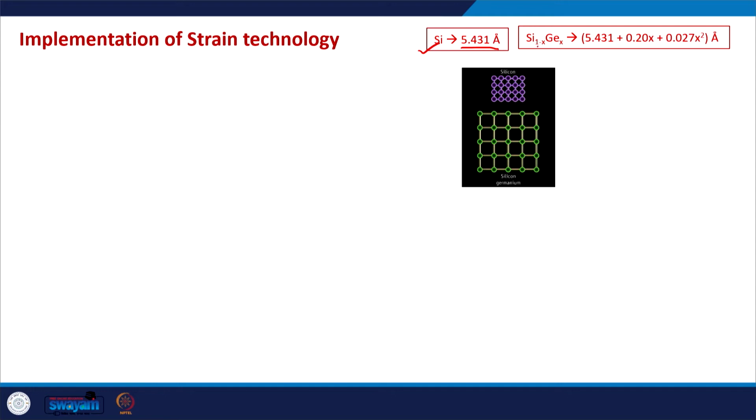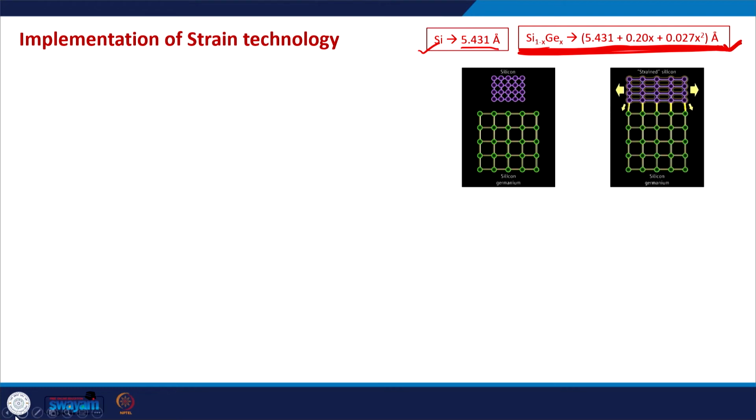The lattice constant of silicon germanium is given by this relationship. So depending on the amount of germanium in silicon germanium lattice, the lattice constant can be determined from this formula. So as is clear, as the germanium content increases in silicon germanium, the lattice constant increases.